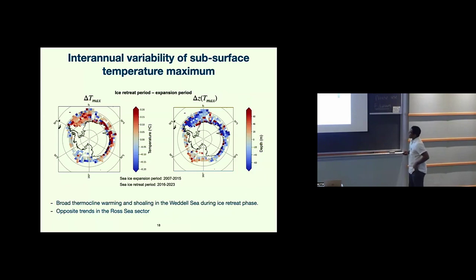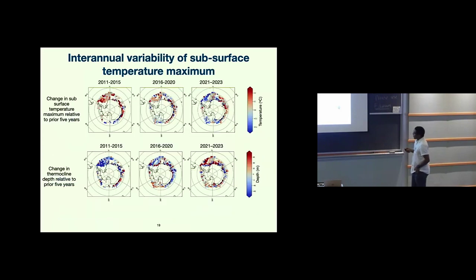But there are some complications. What I'm doing here is disaggregating that large temporal average. This is the change in subsurface temperature maximum for different 5-year periods relative to the period before it, right? So this 2011 to 2015 panel shows the change in temperature maximum relative to the previous 5 years, and so forth.